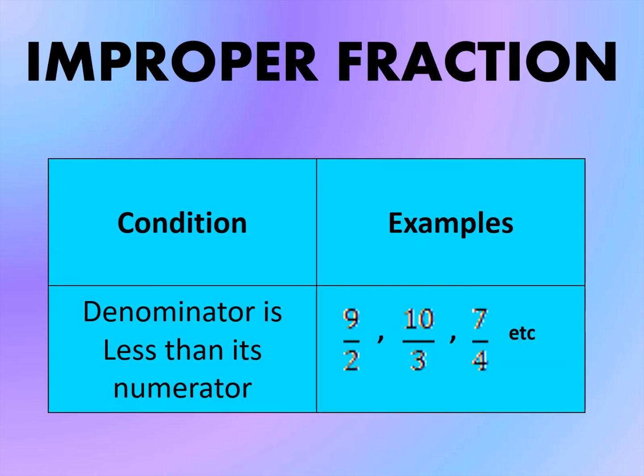The numerator is bigger than the denominator, meaning the digit upside is bigger and the digit downside, that is the denominator, is smaller. Example: 10 upon 3. 10 is bigger and 3 is less than 10. Same as 7 upon 4.